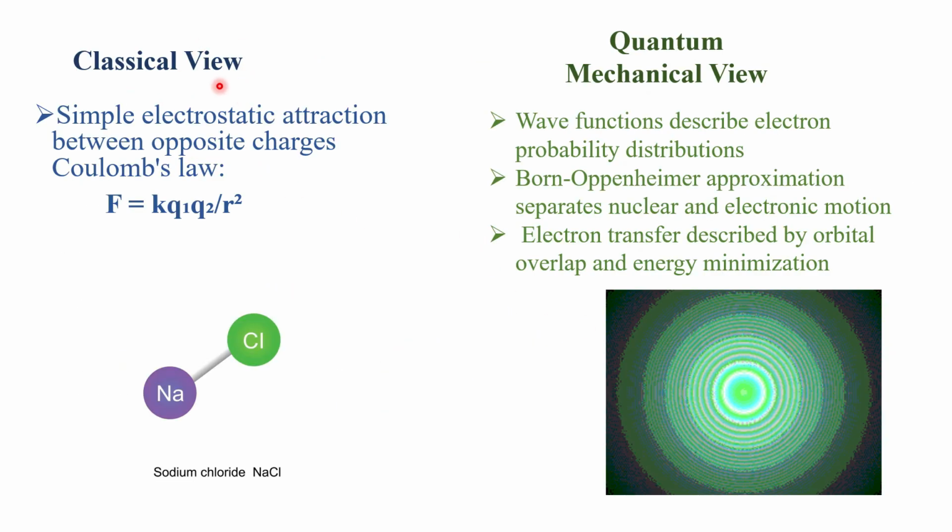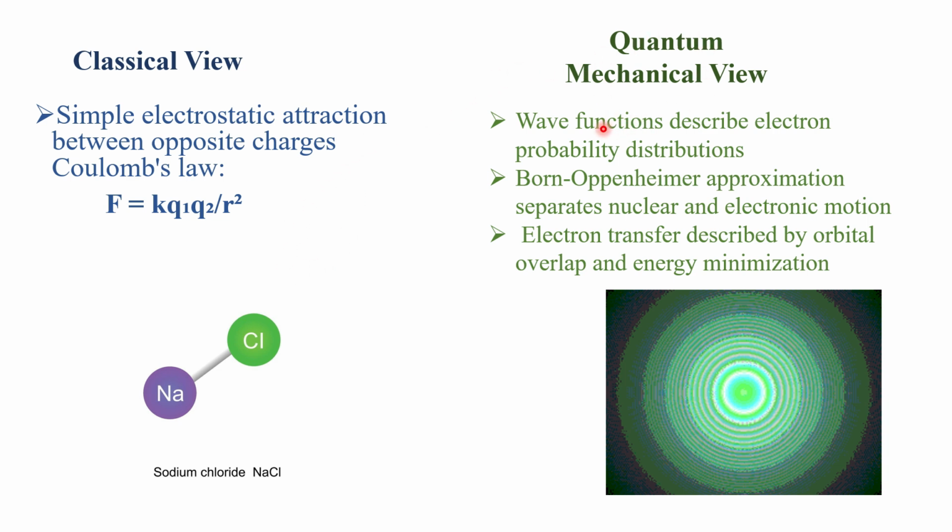Classically, ionic bonding can be described using Coulomb's law, which explains attraction between charges. However, this approach cannot explain why electron transfer happens. So we have to move towards quantum mechanics.